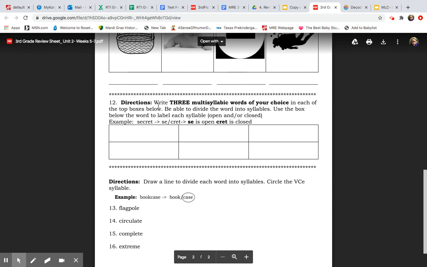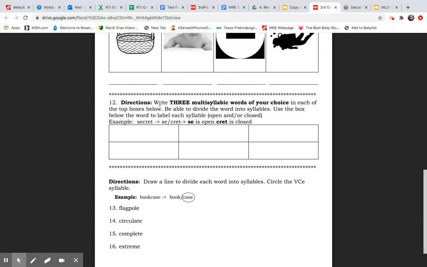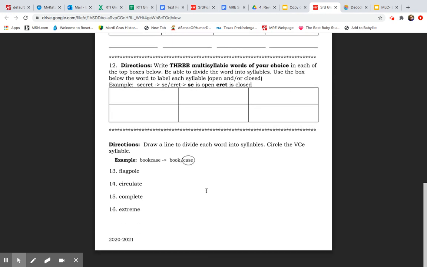All right, so down here it says write 3 multisyllabic words of your choice in each of the boxes, and then be able to divide them into syllables using the boxes below. So like if in this first box you put secret, you would put se/cret, okay, right here.